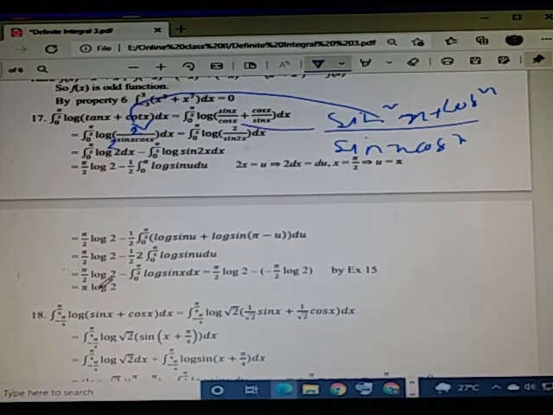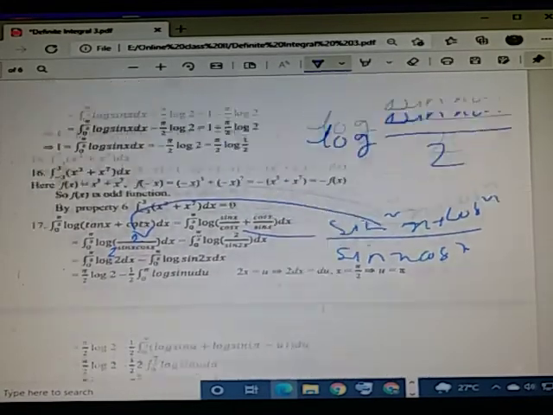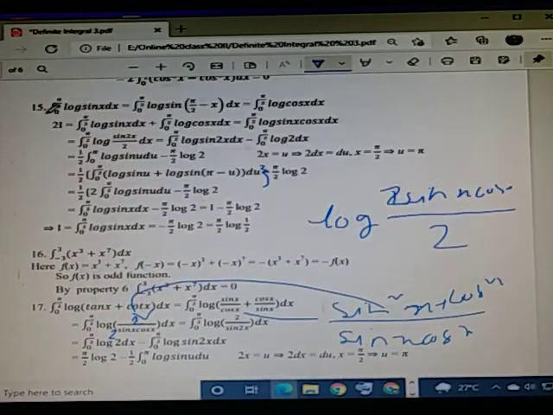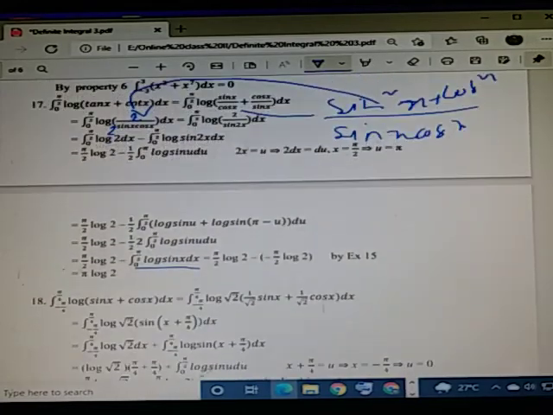Now this log of sin x, example 15 we have done this one: log of sin x when its limit is from 0 to pi by 2.